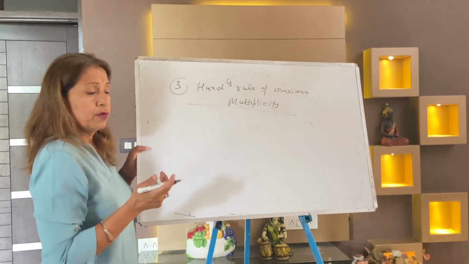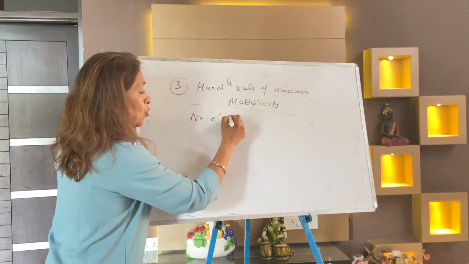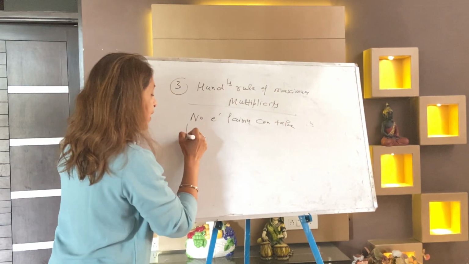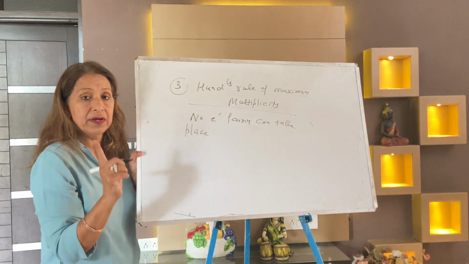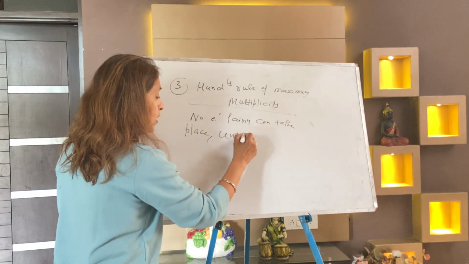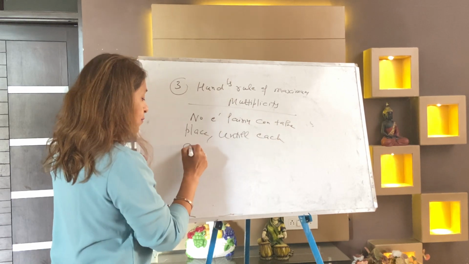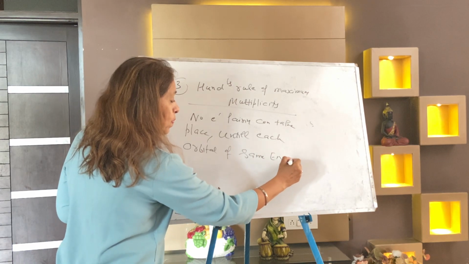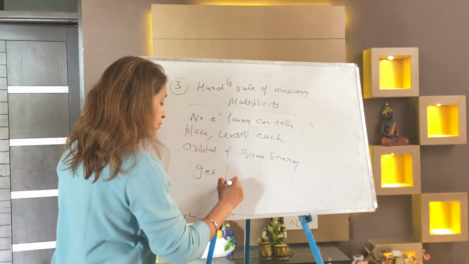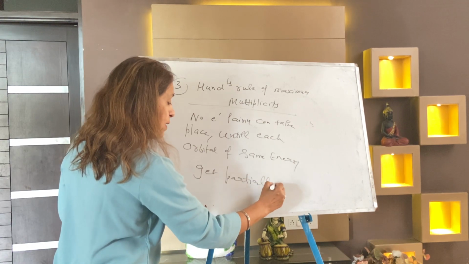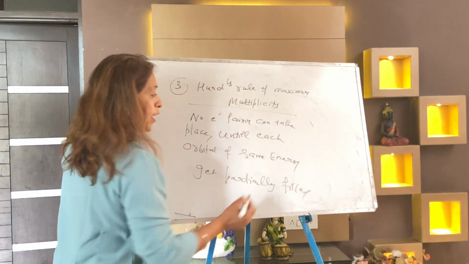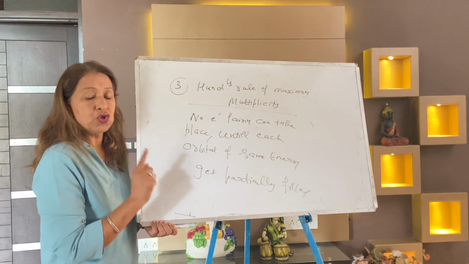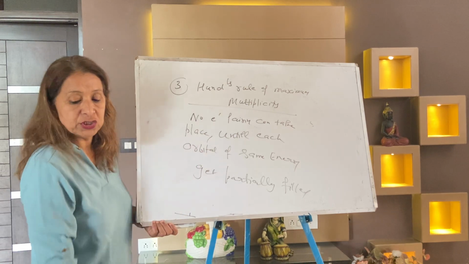Now according to this rule, write down: no electron pairing can take place until each orbital of the same energy gets partially filled.